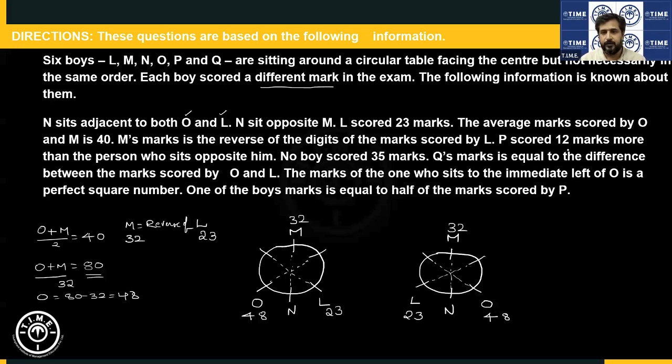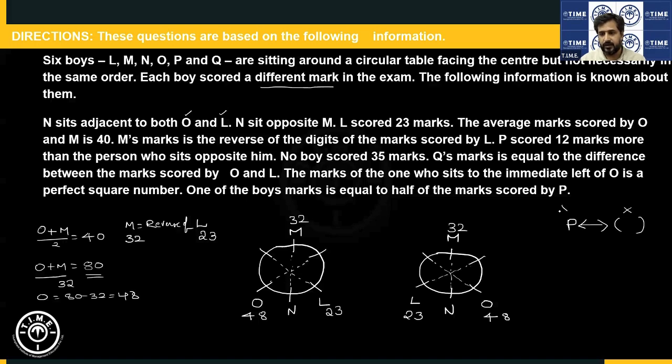Next, P scored 12 marks more than the person who sits opposite him. There is someone sitting opposite to P, and compared to that person, P scored 12 marks more. Let's say the person opposite to P scored X marks.